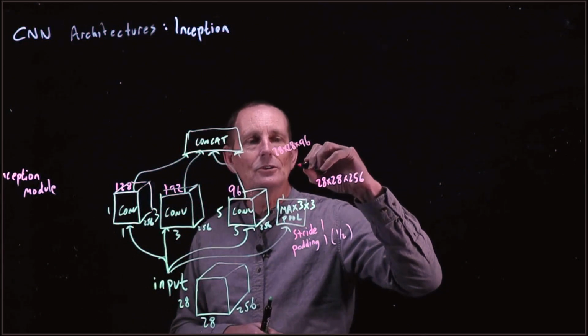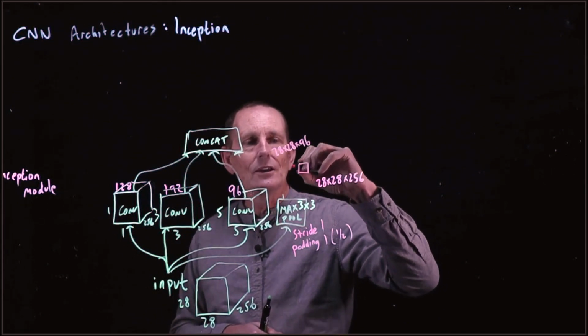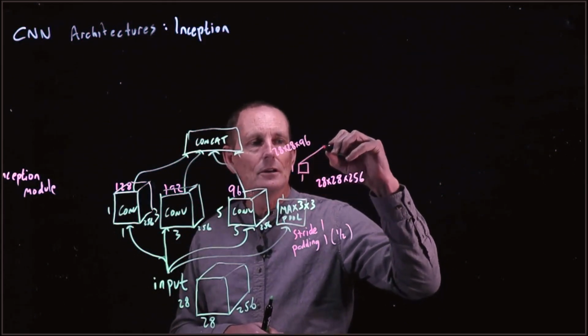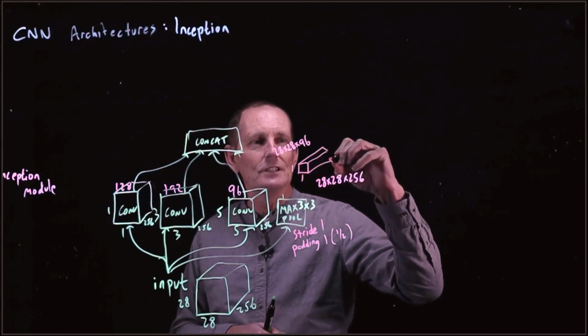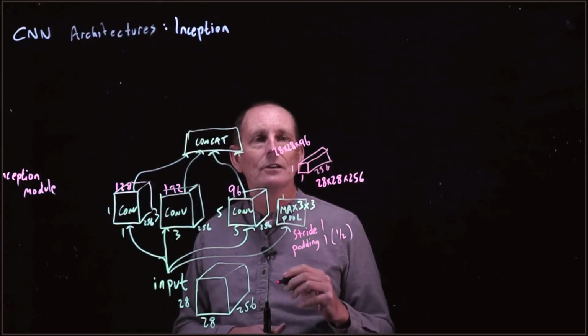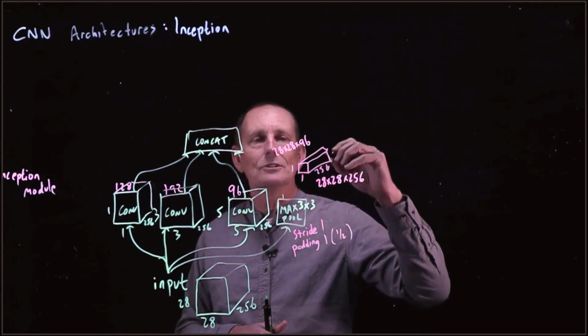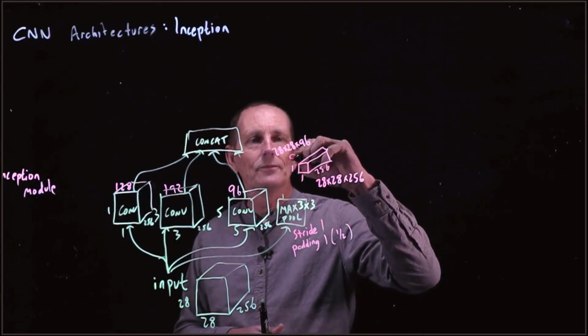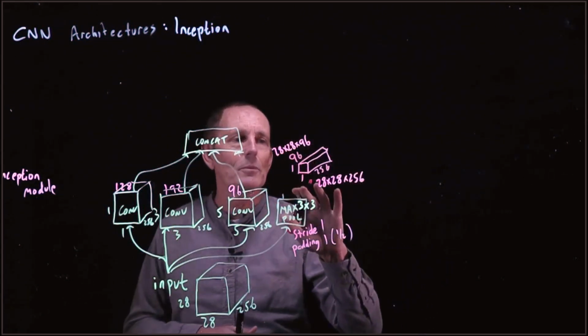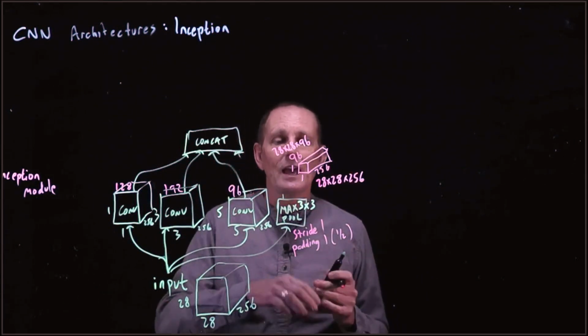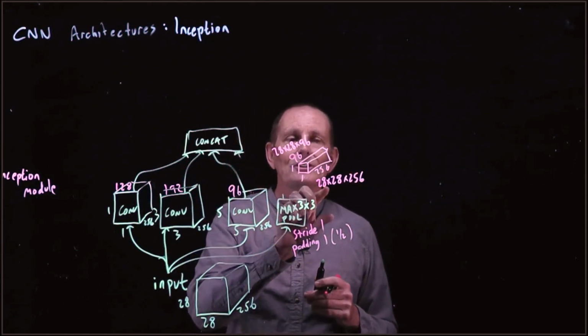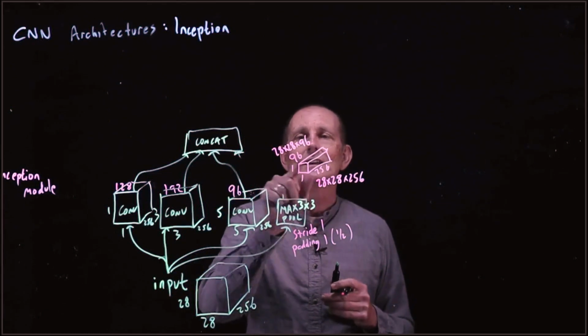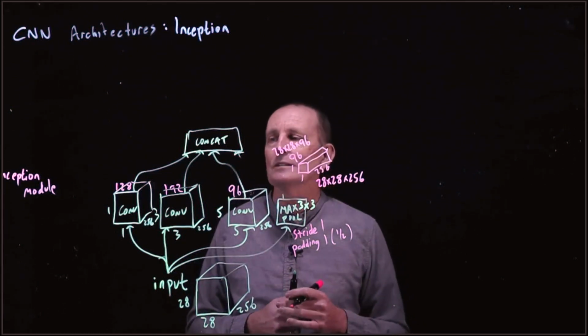So we use a 1x1 by 256 convolution, and we are going to use 96 of those. So we use 96 1x1 by 256 convolutions, and that will take our max pool 28 by 28 by 256 and take it to 28 by 28 by 96.